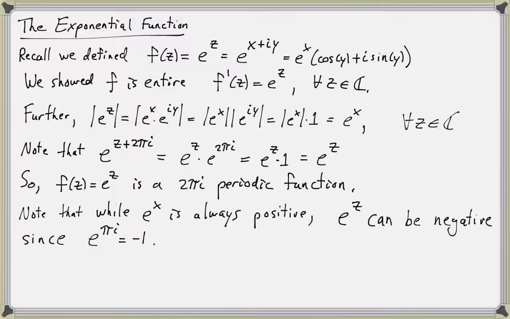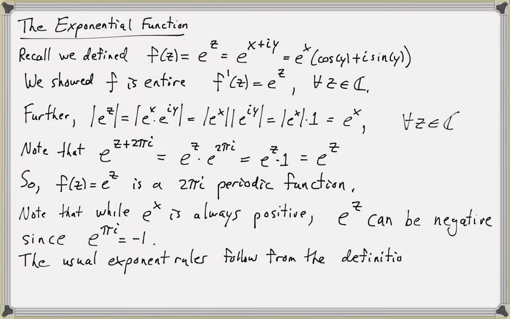So while e to the z doesn't have all the same properties of e to the x, we can still enjoy using all of the usual exponent rules with e to the z. The usual exponent rules follow from the definition of e to the z. So things like e to the 0 power is still equal to 1.